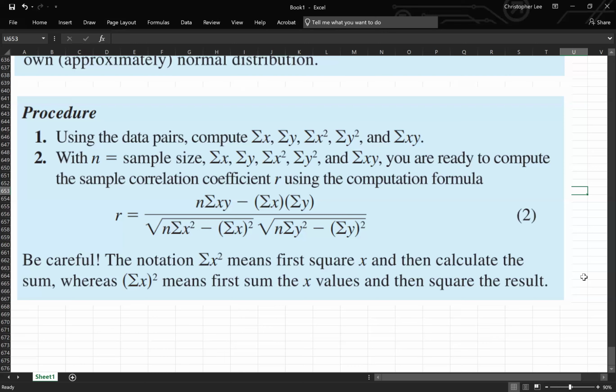Be careful, the notation sum of x squared means first square the x and then calculate the sum. Whereas the square of the sum of x means first sum the x values and then square the result. All right, that's R.